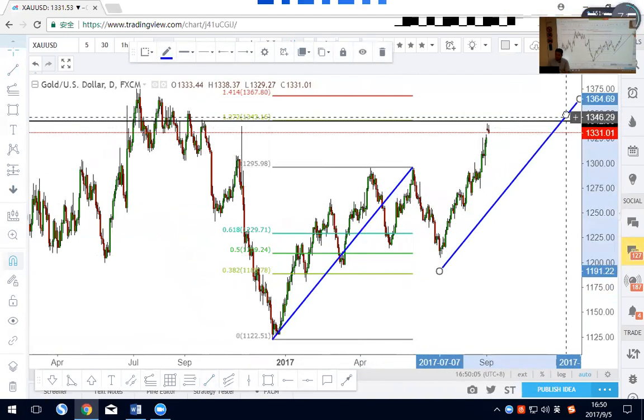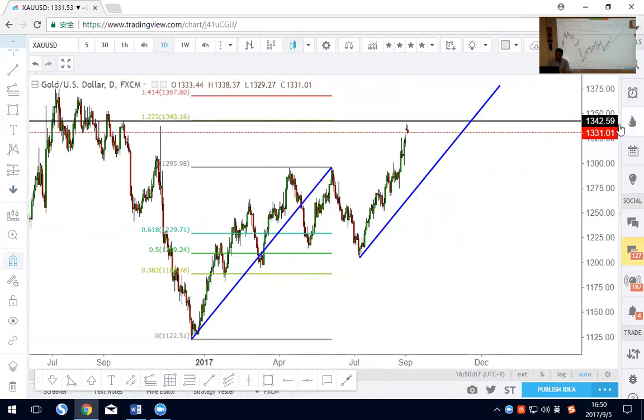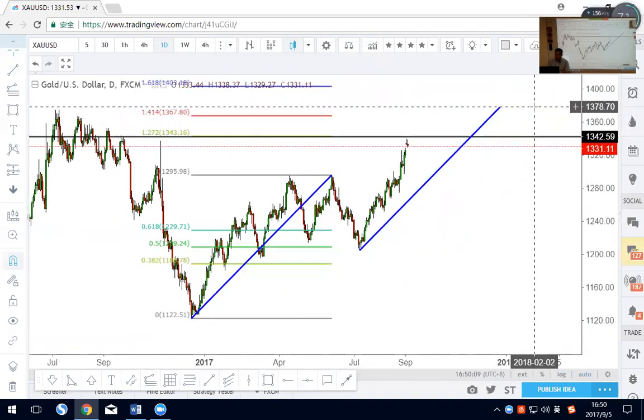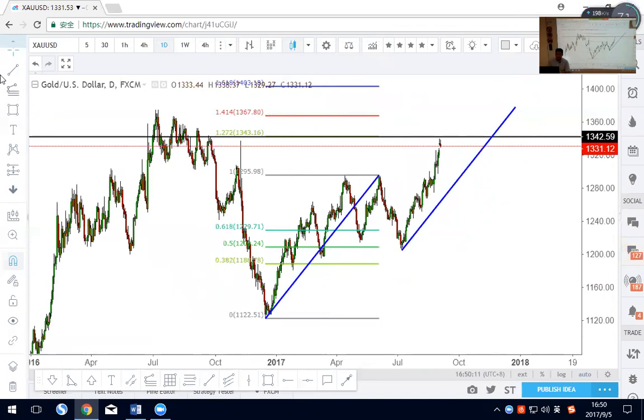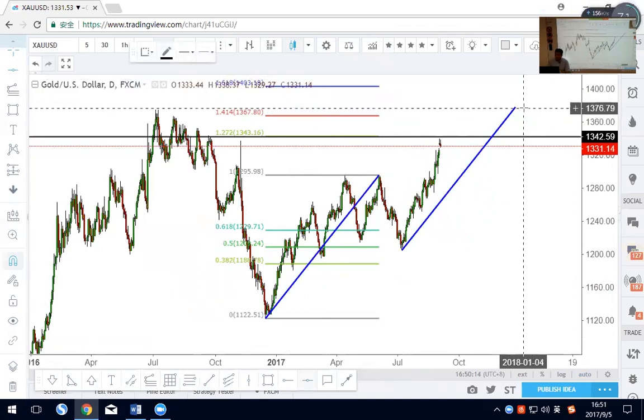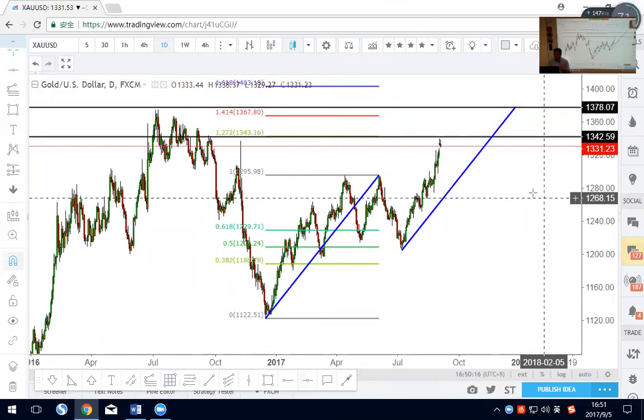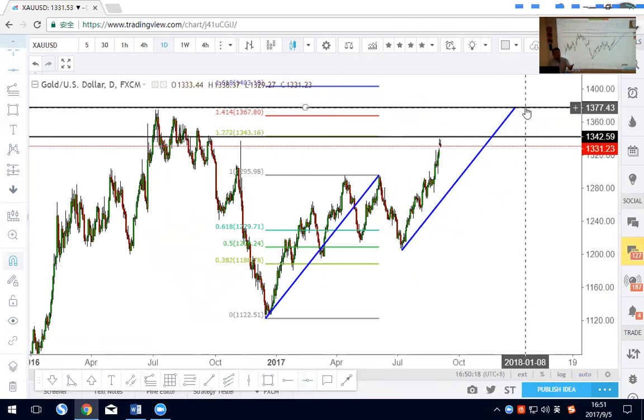So the ABCD move is higher, which is about 1378. So this is telling you to be prepared that gold may go all the way to 1378.